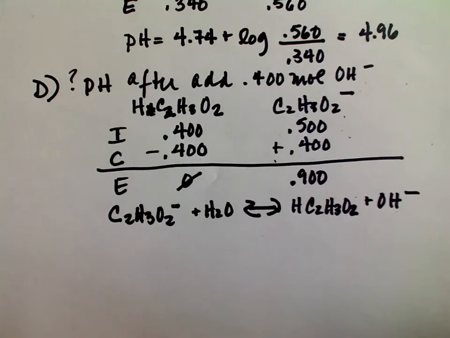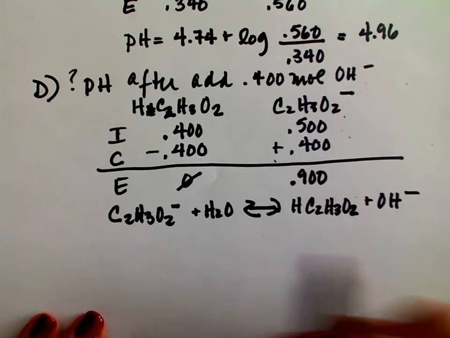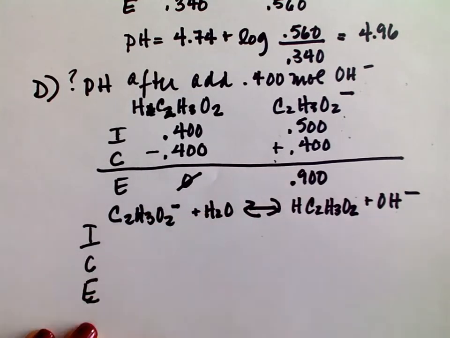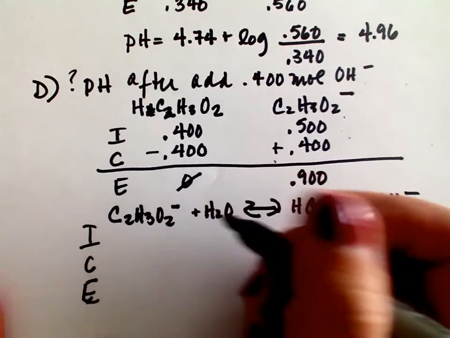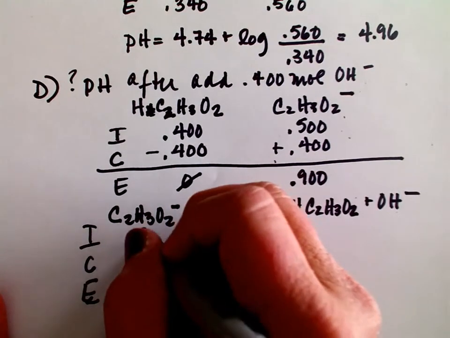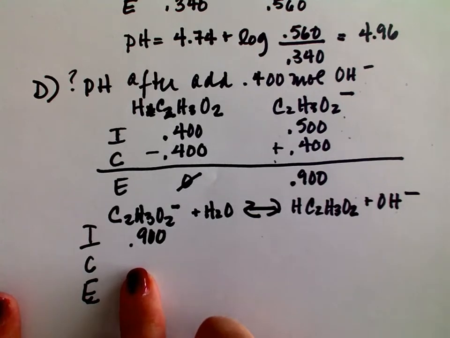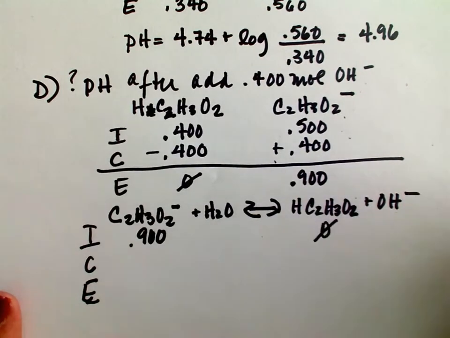So how do we calculate this? We're going to use that ice table again. Well, we have a new solution. If we can use it as a buffer, it's going to buffer at a basic pH. So let's find out what our concentrations are. We have 0.900 initially molar acetate. We have 0 weak acid, 0 hydroxide ion.